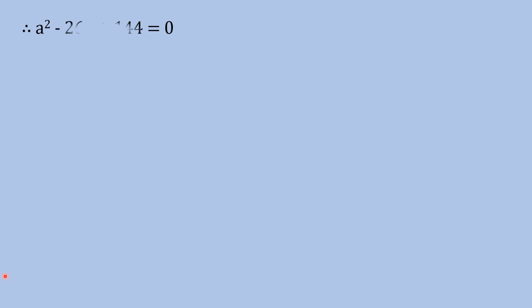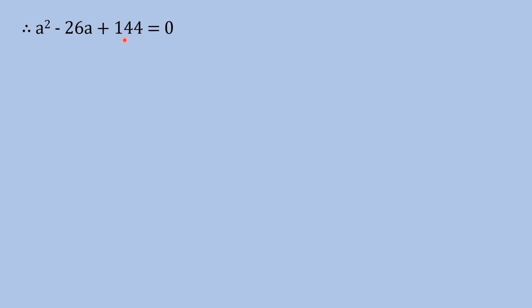You have learned in 8th standard how to solve a quadratic equation by splitting the middle term. So we'll do the factorization method here. We'll split our middle term, that is minus 26A. Are you getting me? The product of first term and last term we will take, so it is 144 into A square.